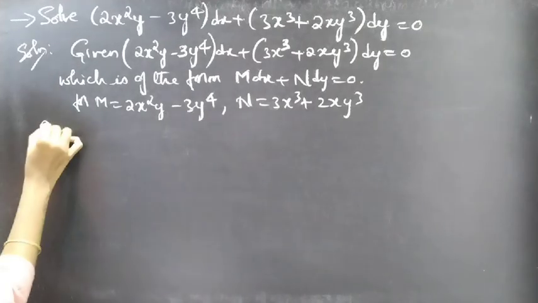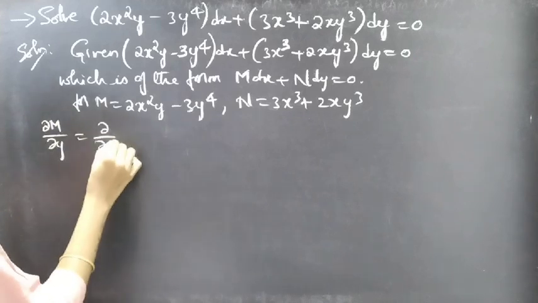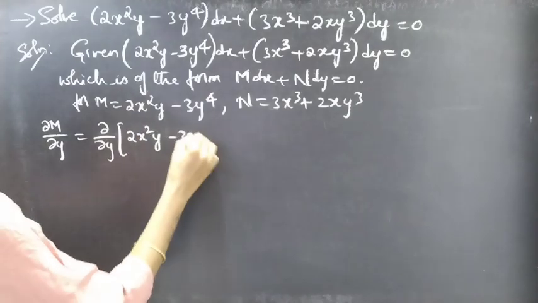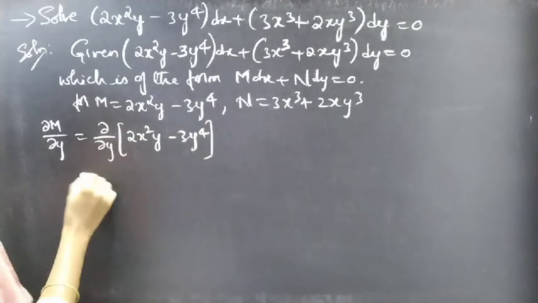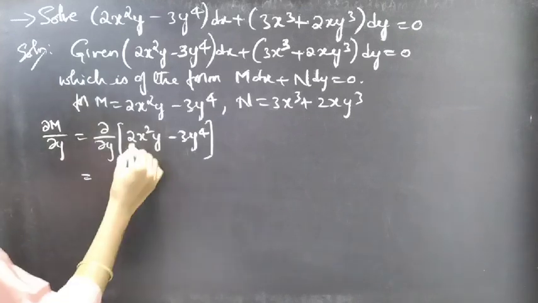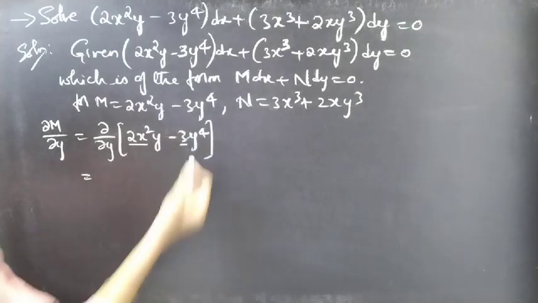I'll begin with the partial derivative of M with respect to y, for M equal to 2x square y minus 3y power 4. Here we are partially differentiating the terms with respect to y, so x will be treated as constant. In the first term 2x square is constant and in the second term 3 is constant.